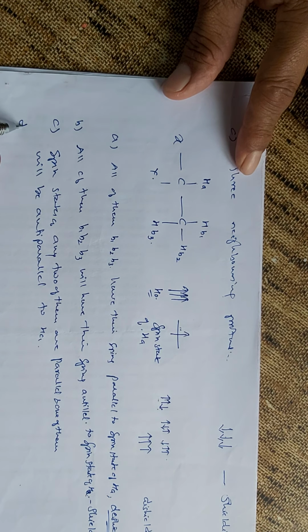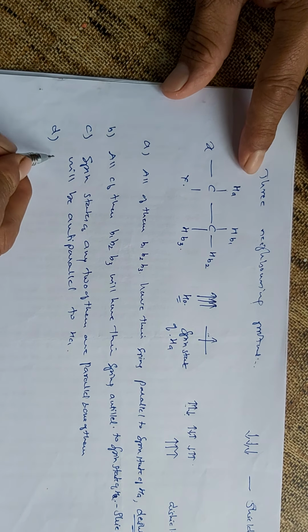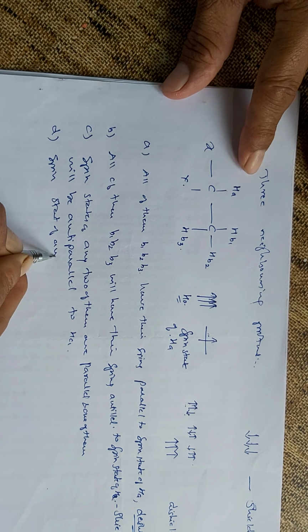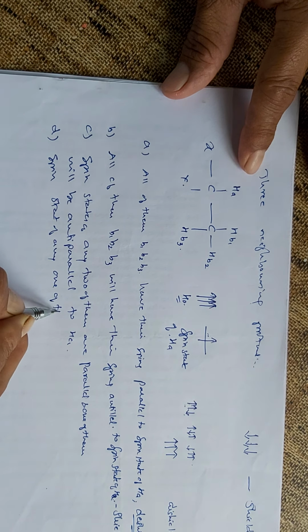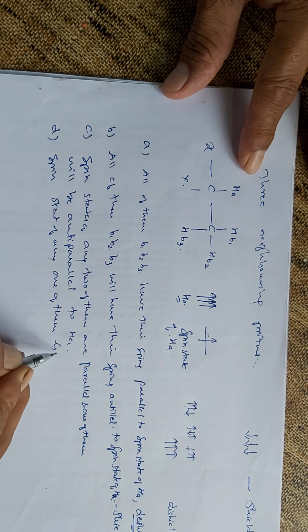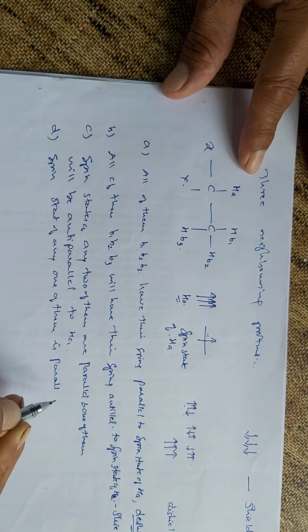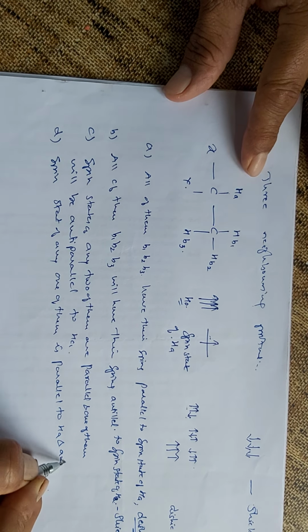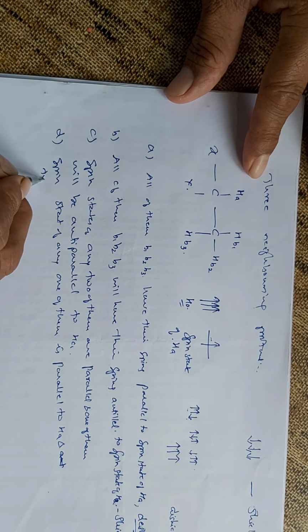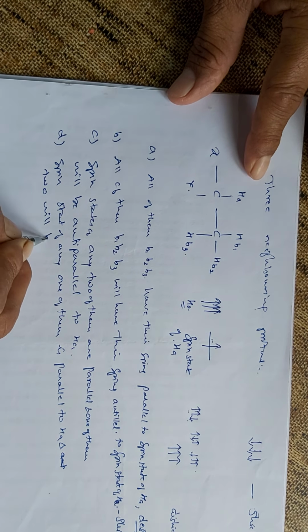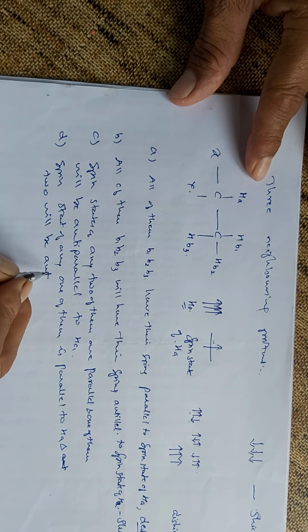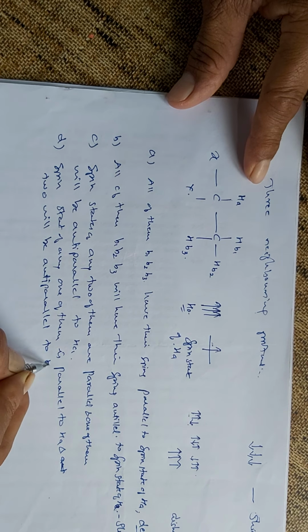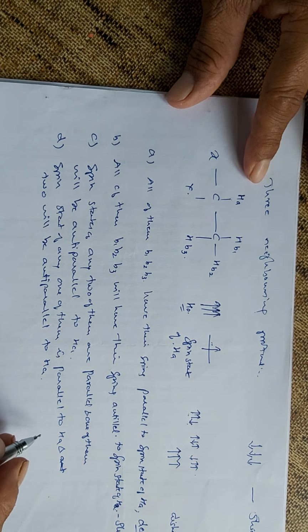And the fourth type will be the spin state of any one of them is parallel to HA, and the other two will be antiparallel to HA.